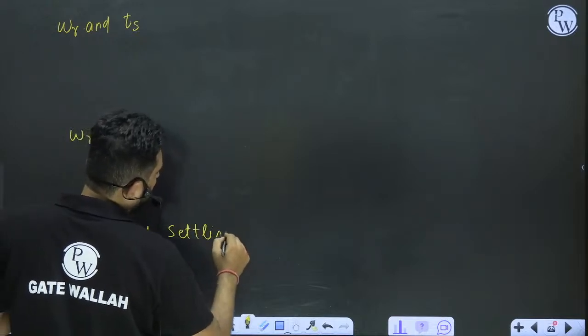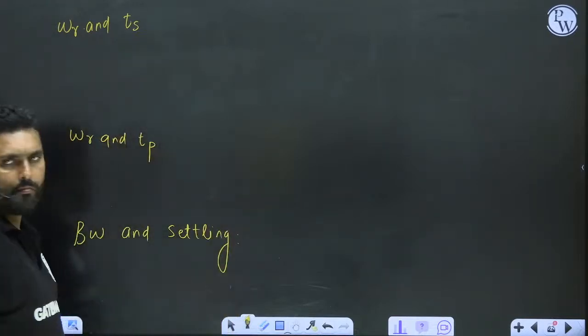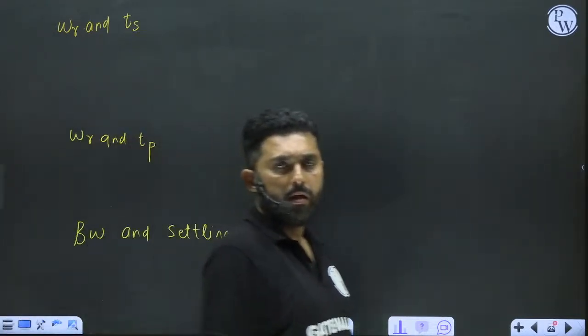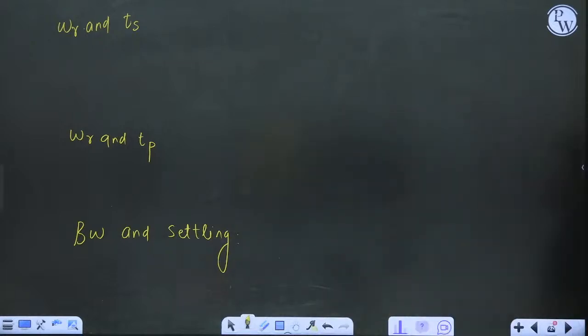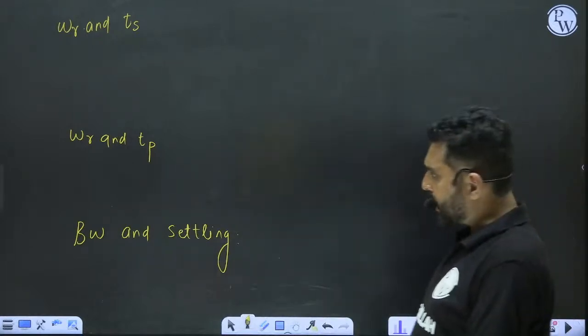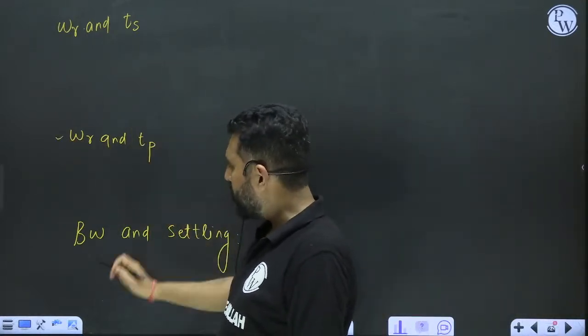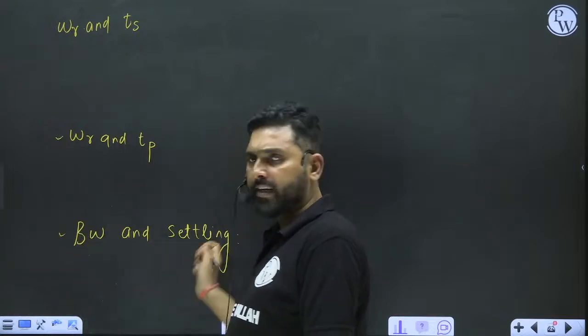Establish the relationship. I am giving you 2 minutes. Establish the relationship between omega r and ts. Establish the relationship between omega r and tp. Establish the relationship between bandwidth and settling time.